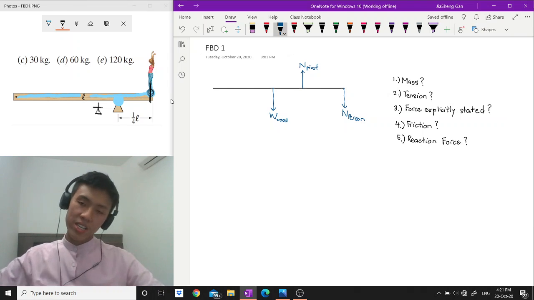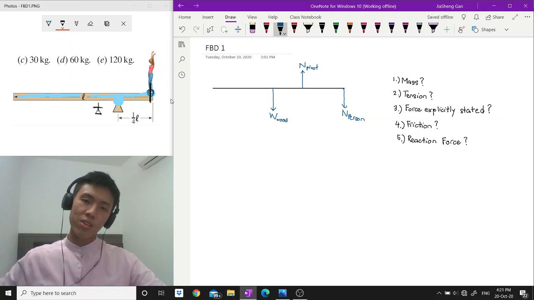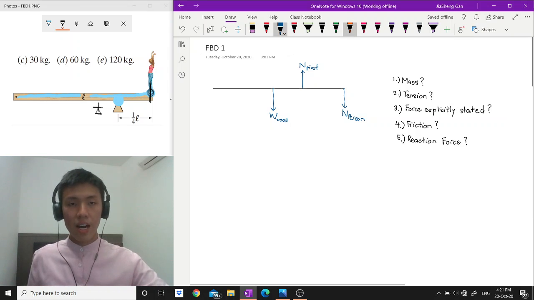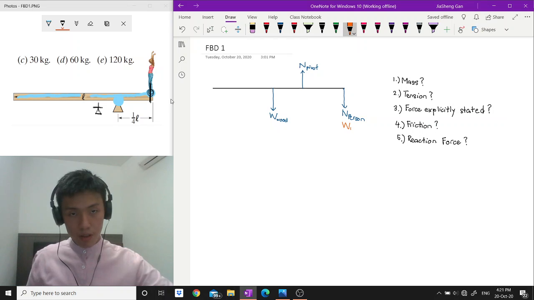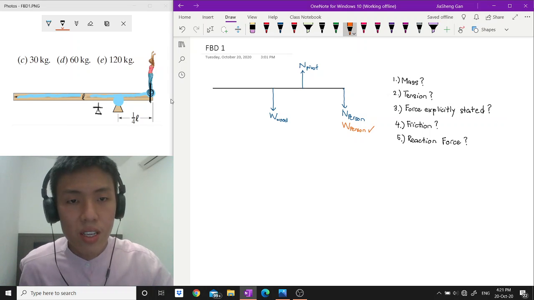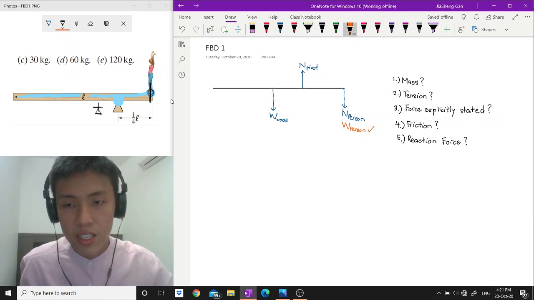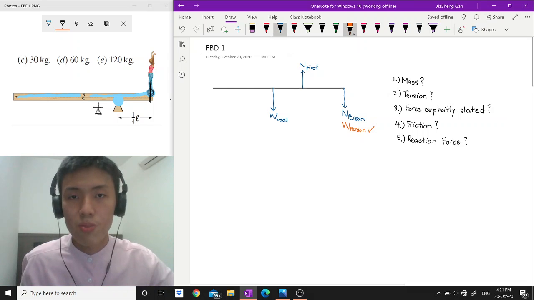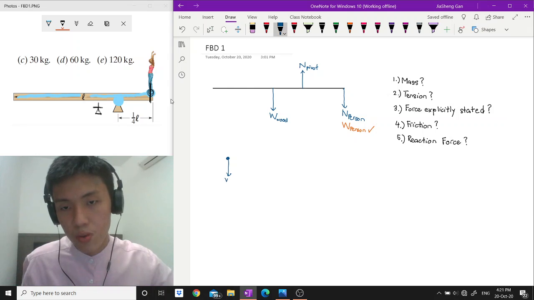Now, you might be thinking, my free body diagram doesn't look like this. I write this as the weight of the person instead. Actually, we usually just write the weight of the person. So why can we straight away write the weight of the person? It's because if you draw the free body diagram of the person, the person has weight, and at the same time, because it is in contact with the wooden plank, there's a normal force on the person.